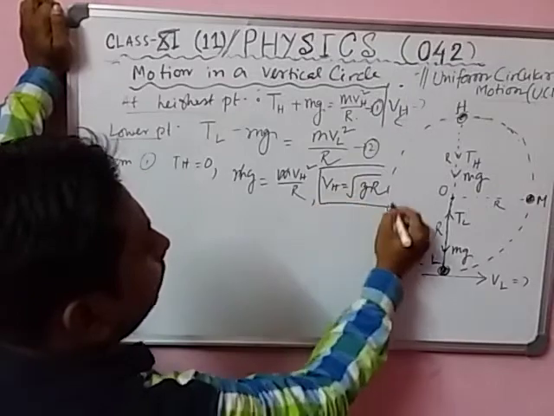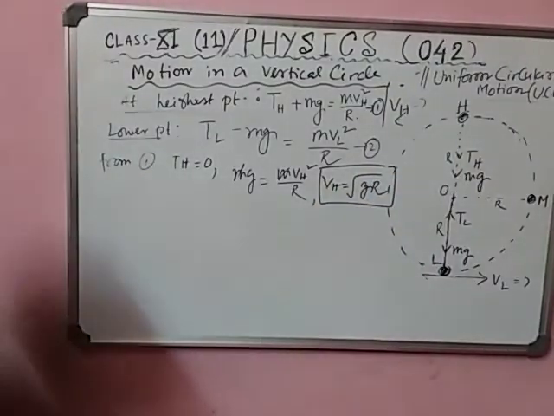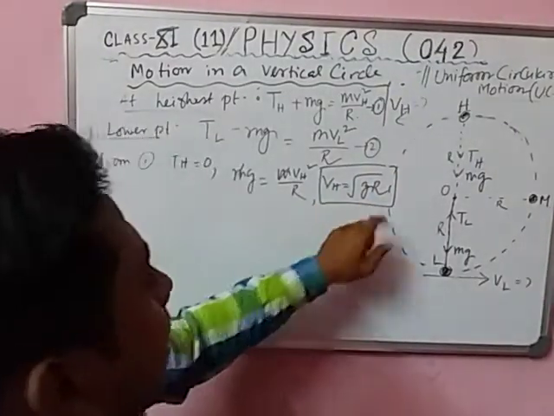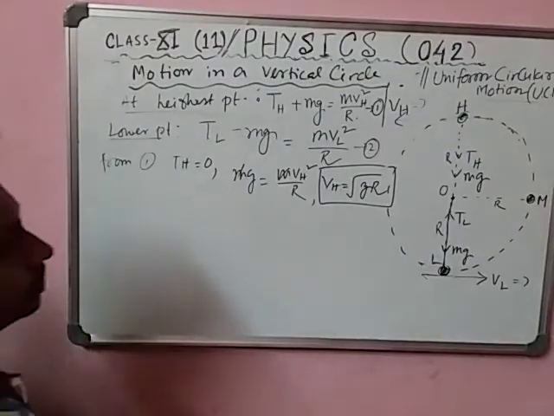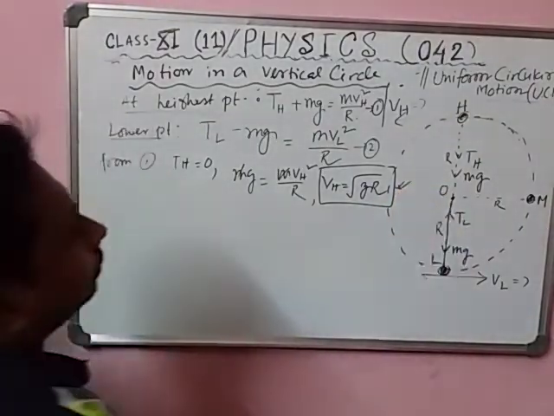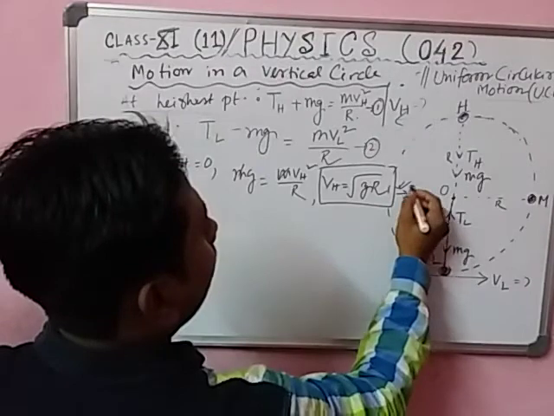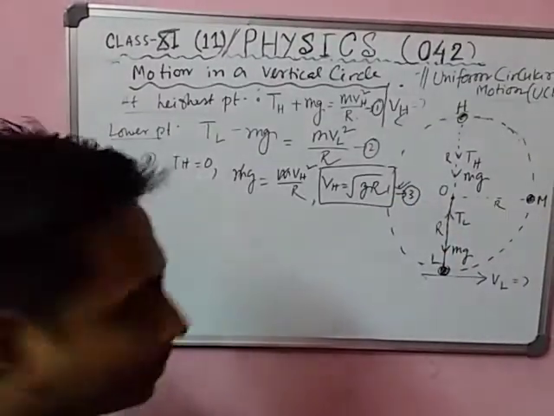This is the minimum highest point velocity. Very important, students. Put here equation number 3.